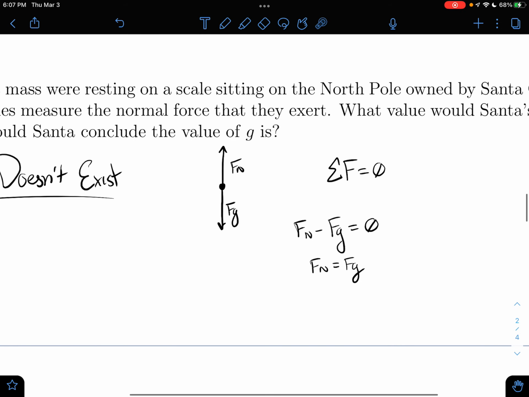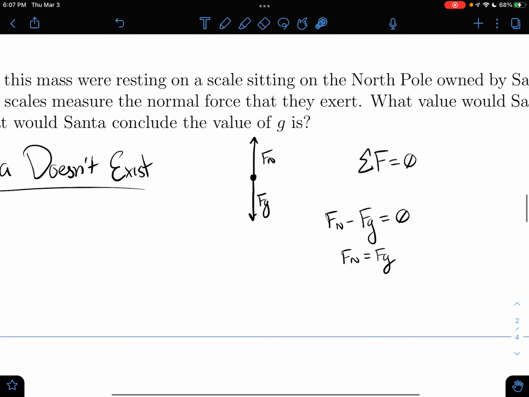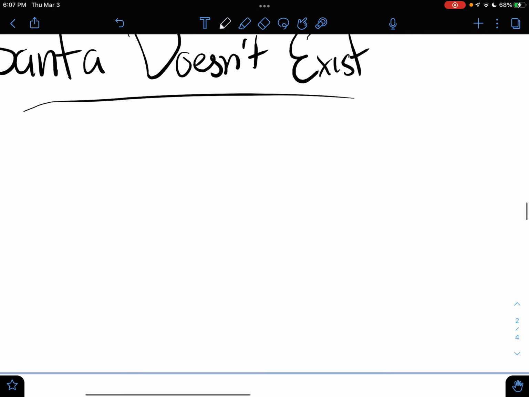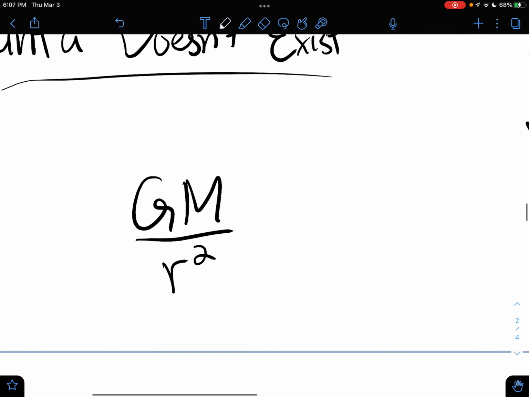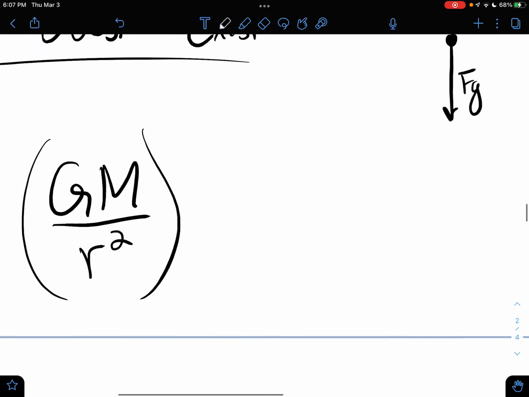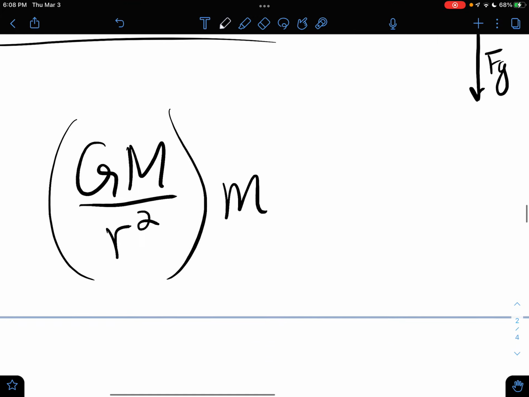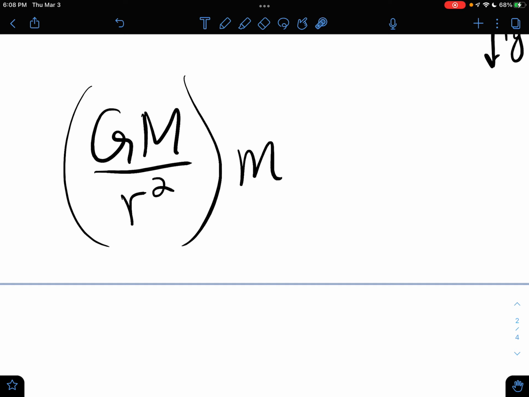The sum of our forces has to be zero because we're not accelerating, because we're not going in a circle. We're not rotating at the North Pole, so we just ignore that. For this case, we conclude the value of g is just GM over R squared, so I take that and multiply by m, and say this is equal to g.